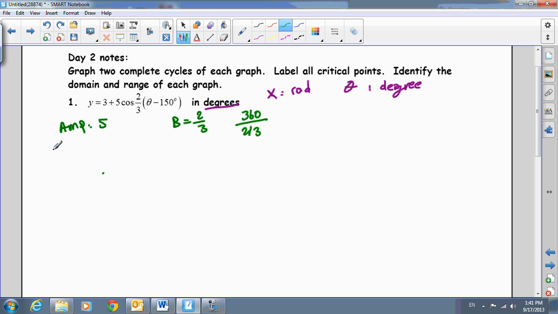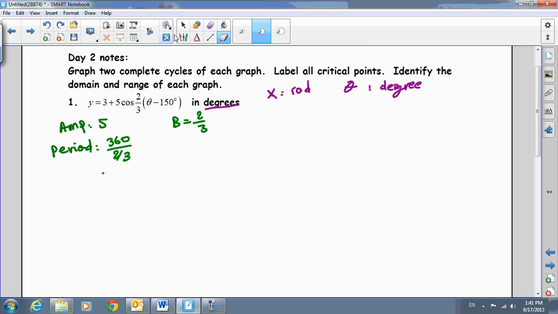So I will say period here is equal to 360 over 2/3. And if you divide 360 by 2/3, you should end up with 540. So my period is equal to 540 degrees.